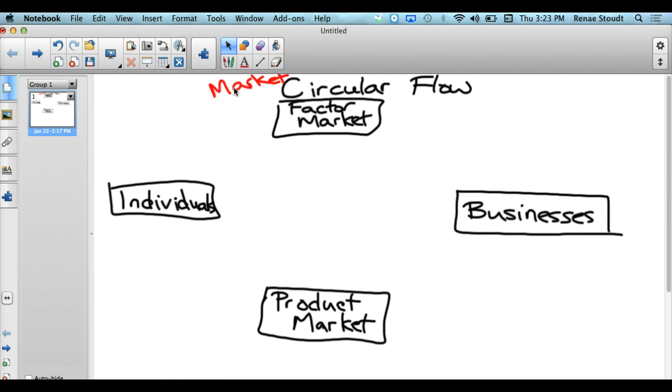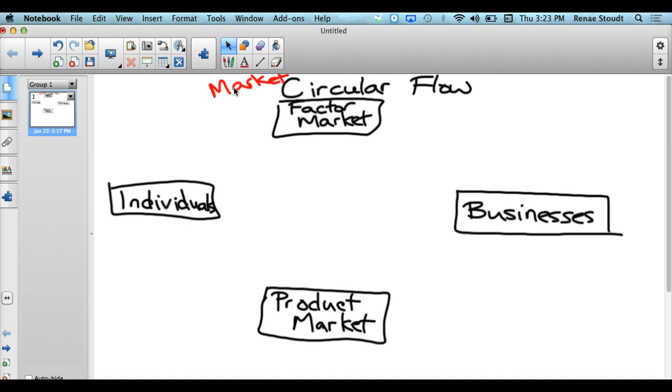They're the ones that own the land, the labor, the capital, the entrepreneurship. Of the four boxes up here, the individuals own the factors of production. Of the other three boxes, which box wants the factors of production? Businesses. The businesses are going to need those factors of production to be able to produce anything.